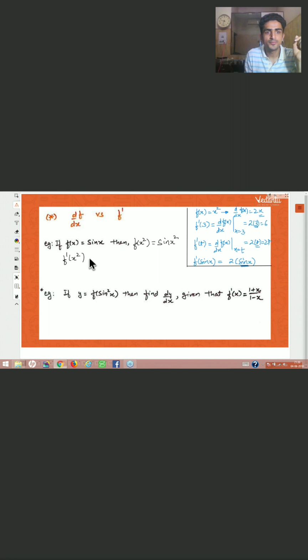It is the derivative of f(x) at x square. This is a very important point. It is the derivative of f(x) at x square. So what is the derivative of sine x? It is cos x at x square. Now you put x square in the place of x, cos of x square.